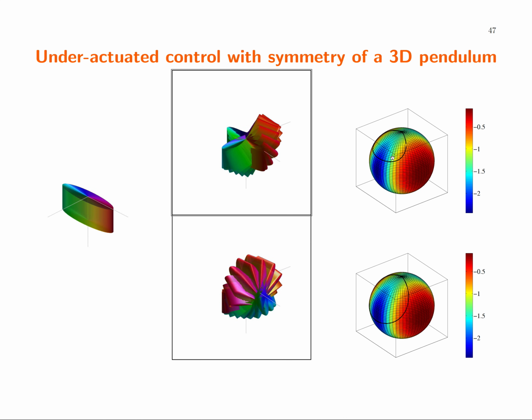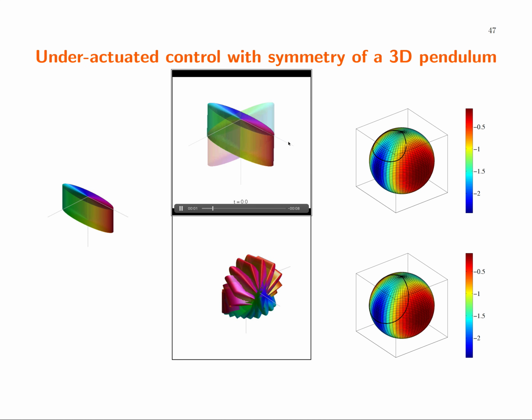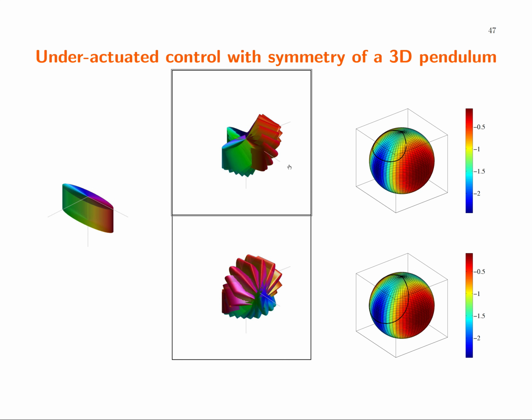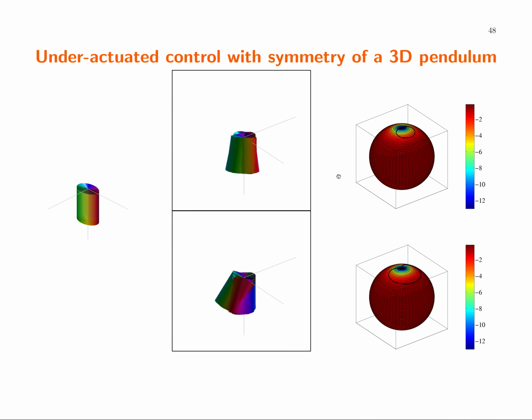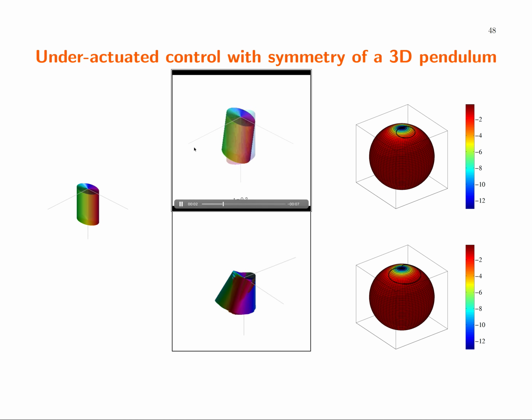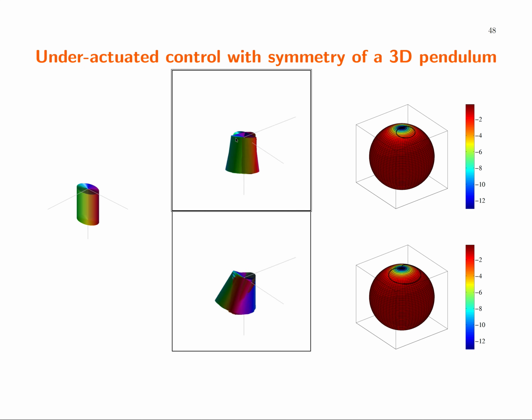And so, what you see in the simulations is that the trajectories which the 3D pendulum undertakes in order to achieve this rotation are quite aggressive. This is in contrast to this case where the shape of the 3D pendulum is different, and in this situation the region of high curvature is close to where the pendulum starts off. And so what you see then is that the motions which that pendulum takes are now much more subtle than was the case in the first example.